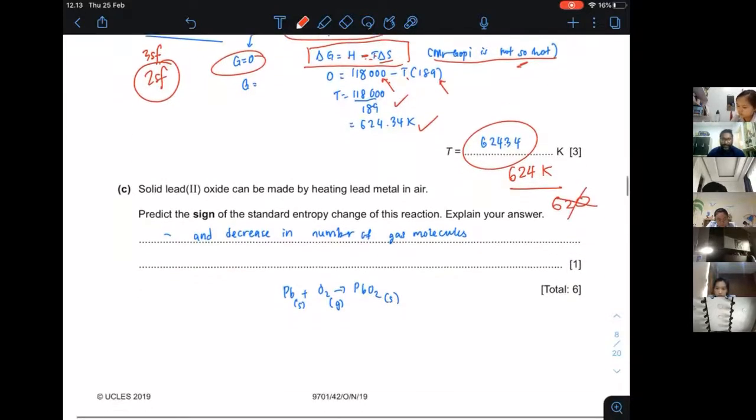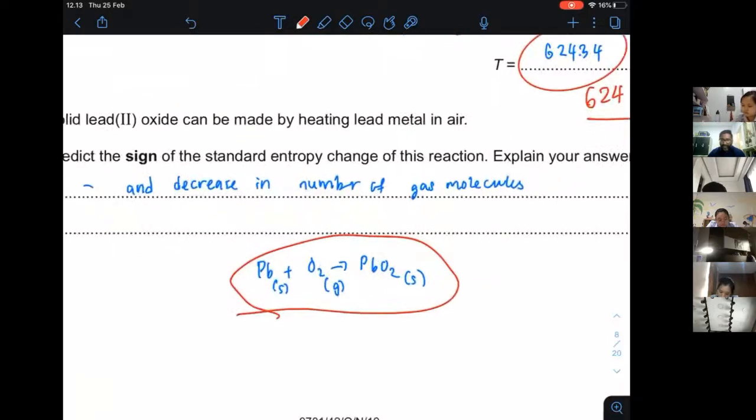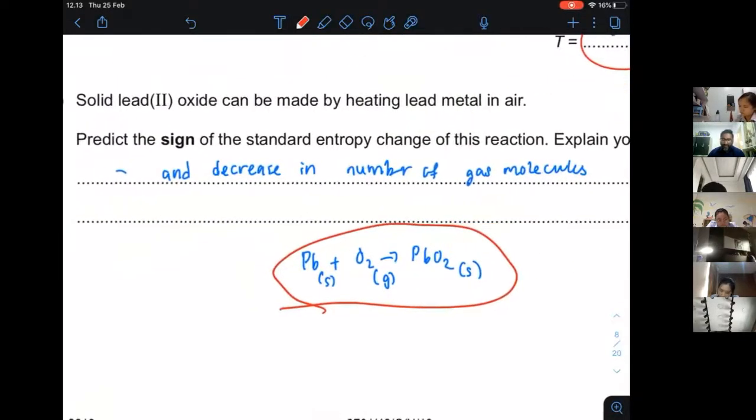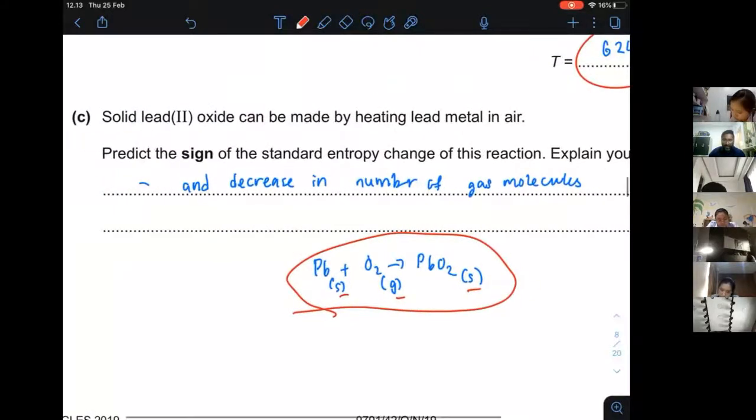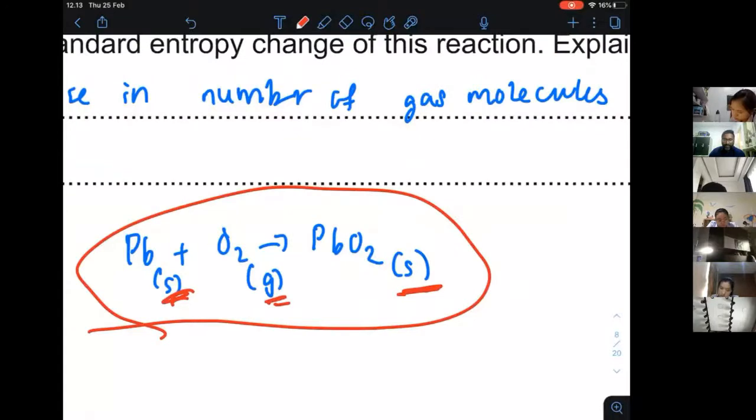Now, solid lead-2 oxide can be made by heating lead metal in air. So I wrote the equation Pb plus O2 to give you PbO2. So solid, gas, solid. Predict the sign. When I see here solid and gas become solid, this is ordered, this is less ordered, then everything becomes ordered.